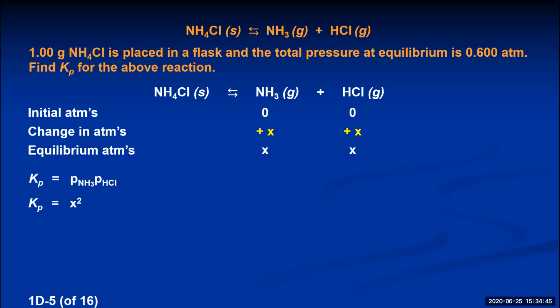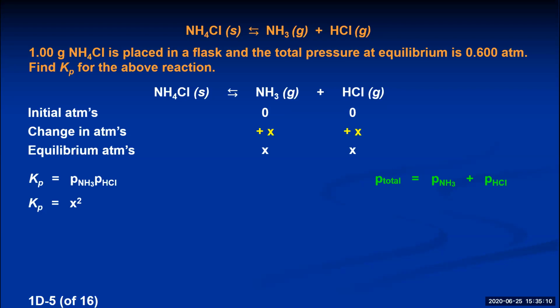The extra bit of information, the clue given to you in the problem, is that the total pressure at equilibrium in the container is 0.600 atmospheres. So what does total pressure mean? That means the sum of the pressures of all the gases in the container. So how many gases are in this container? There are two of them, NH3 and HCl.